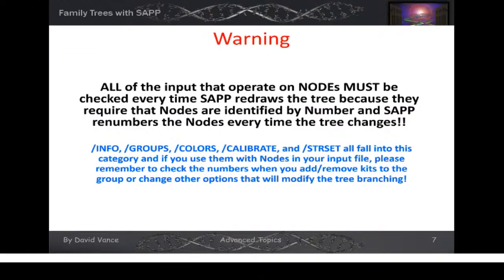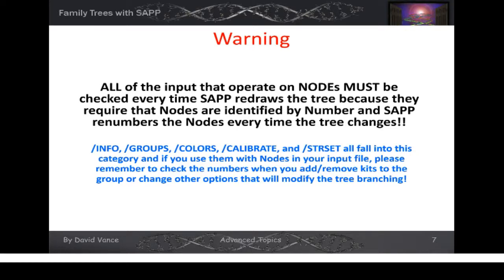I will add a major warning at this point. It deserves its own slide. All of the input that operates on nodes, you can use /info for nodes, you can use it in lots of different sections. The inputs help screen on the SAPP tool tells you exactly which ones you can use the node format with.